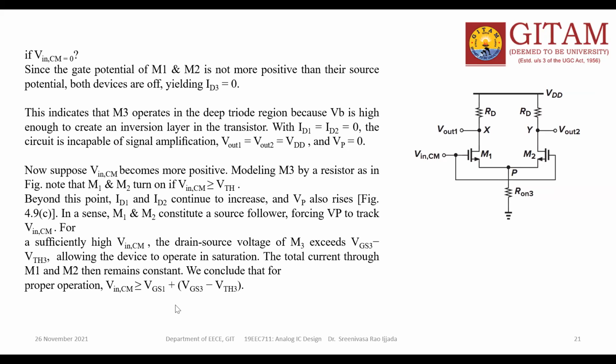So understand this condition. This is the condition for biasing. Your common mode input value, at the beginning we told you one condition.